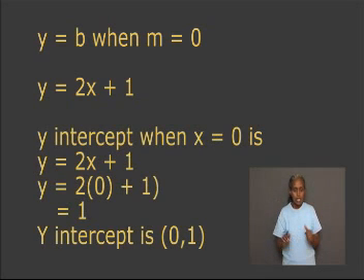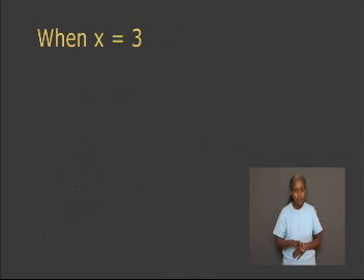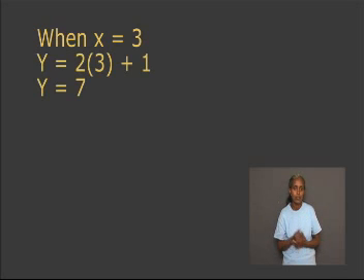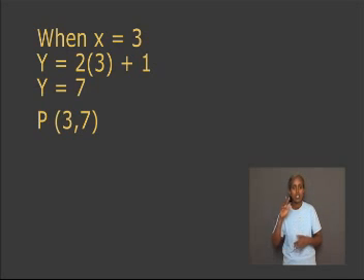The first point we can use is 0, 1, the y-intercept. To find another point, pick any x value. Say x equals 3. Then the y-coordinate would be 7. The new coordinate is 3, 7.